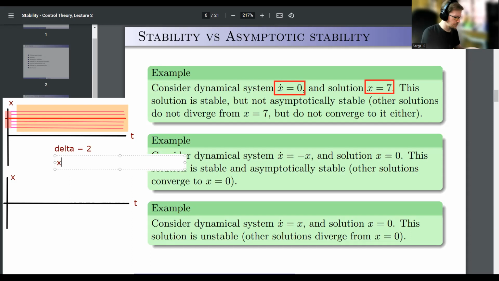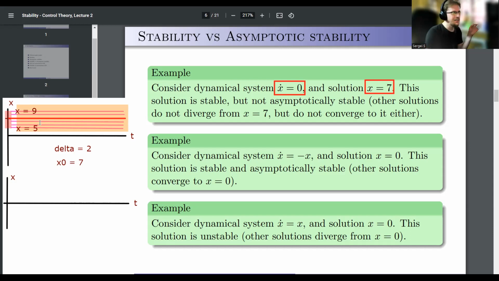So we're considering x from 5 to 9. This is the edge of this pink region, so we have x's from 5 to 9 and everything in between.